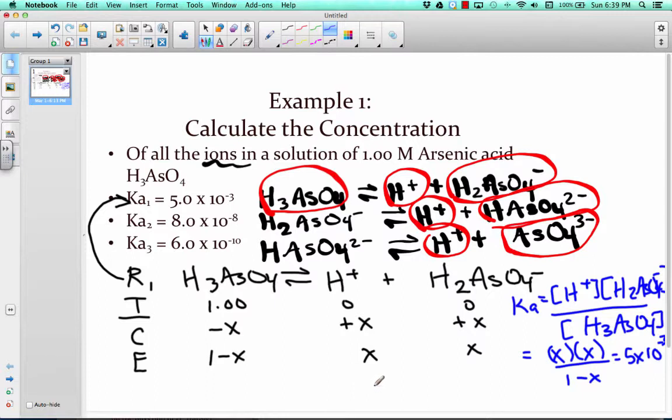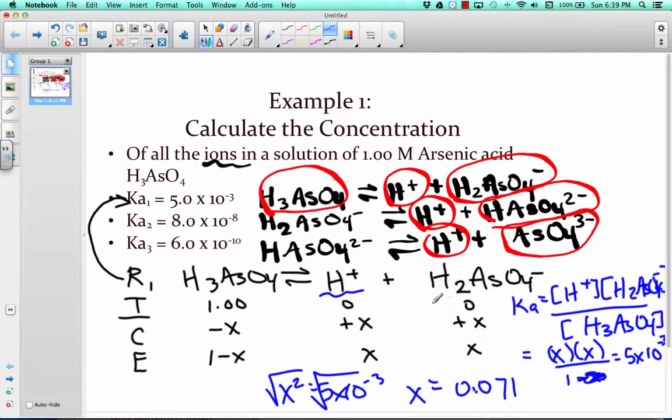So we need to solve for X. And I have a small enough Ka that I can use the small x assumption here and say, well, that's not going to change anything when I subtract 1. When I subtract a really small number from 1, it doesn't change it. So x squared equals 5 times 10 to the -3, square root both sides, and we find the value of x is 0.071. And that gives us the molar concentration for hydrogen ions and for dihydrogen arsenate ions.